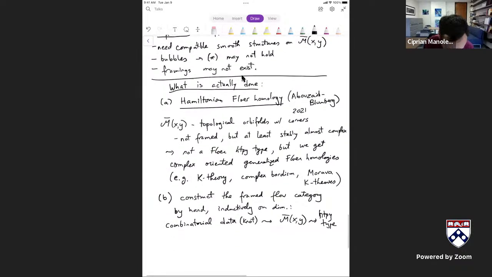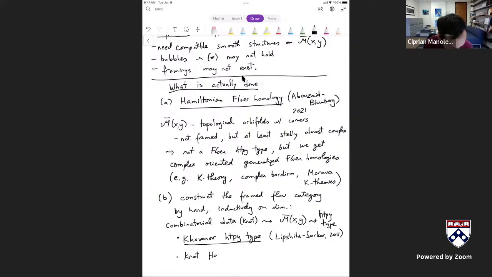And this was done in two settings. It was done for Khovanov. So there's the Khovanov homotopy type of Lipshitz and Sarkar from 2011. And it was done for knot Floer homology.